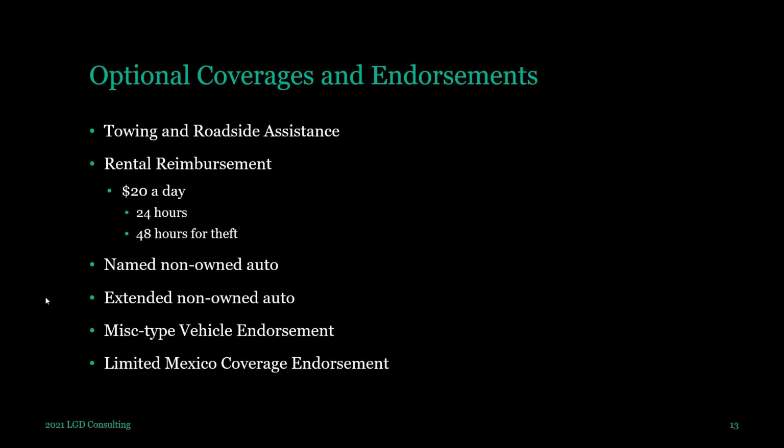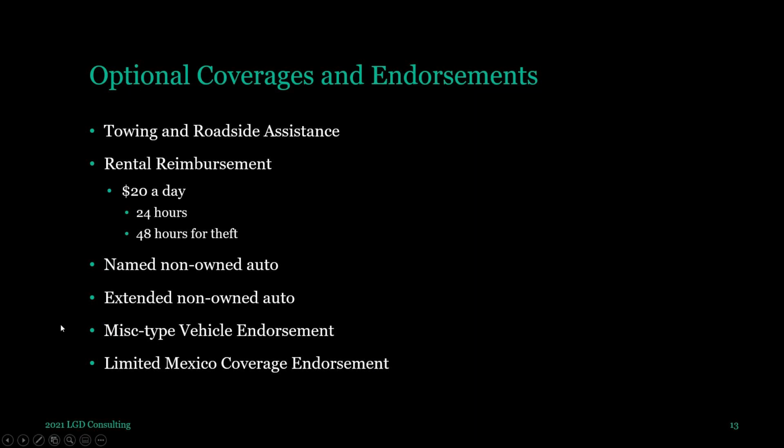That means your personal auto policy will not be a backup policy for this unless you buy this endorsement. So we're extending coverage to a vehicle that you don't own, but you use regularly. That's how you want to understand that. Okay. And it's only liability coverages because you cannot insure that vehicle that you don't own.